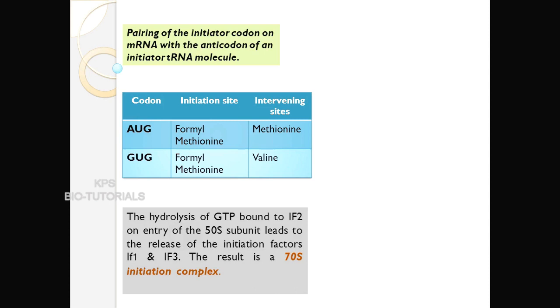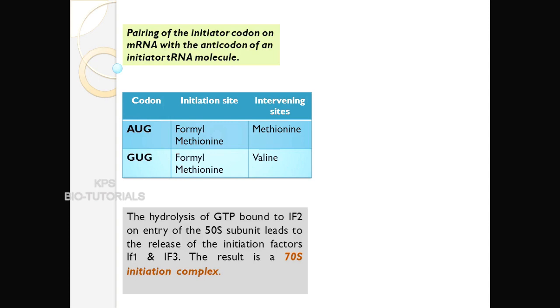If the codon-anticodon interaction is stable and correct, the initiation factors IF1 and IF3 will be released from the 30S subunit by the hydrolysis of GTP bound with the IF2.